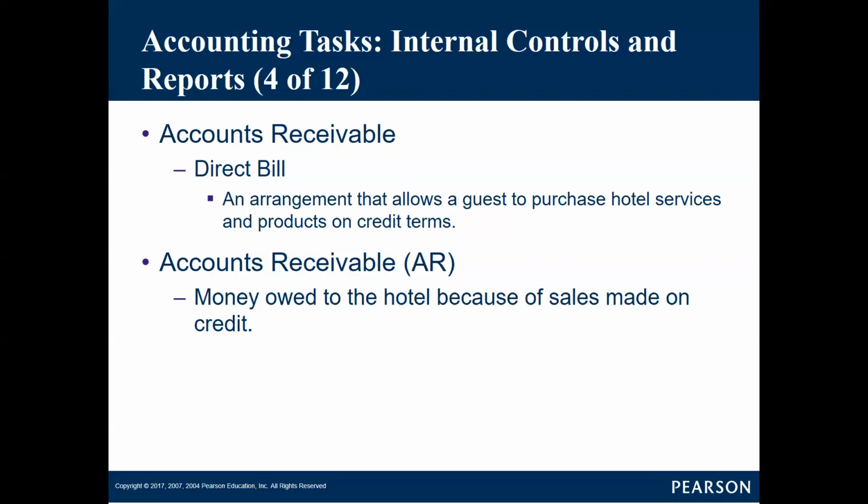The controller's job is to establish which guests will be allowed to purchase goods and services on credit, how promptly and frequently those guests will receive copies of their bills, the total amount owed to the hotel, and the length of time the money has been owed.